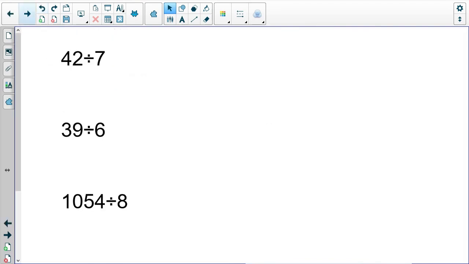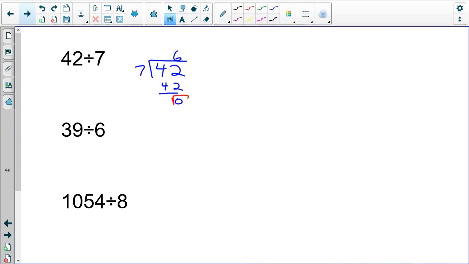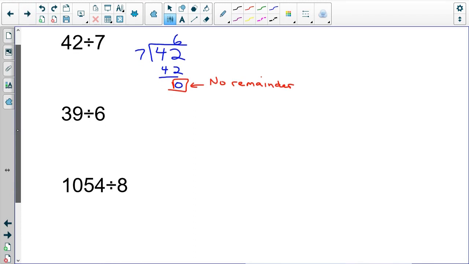Real quick primer on long division, just reminding you that this is something you learned in the past. 42 divided by 7, we choose 6, and then 6 times 7 is 42, we get 0. If this number is 0, that means it evenly divides, there is no remainder. So the remainder term is something that can exist.